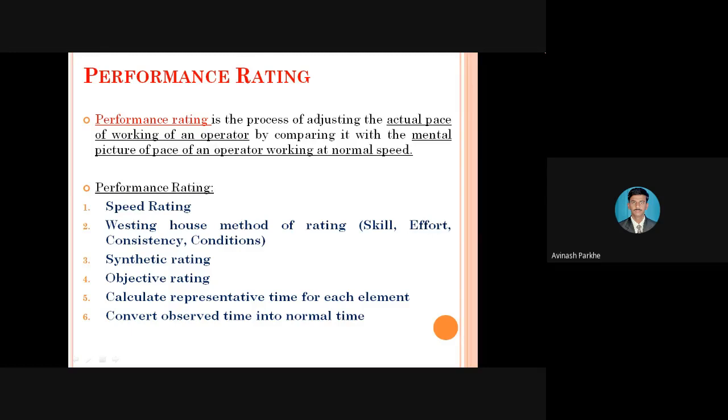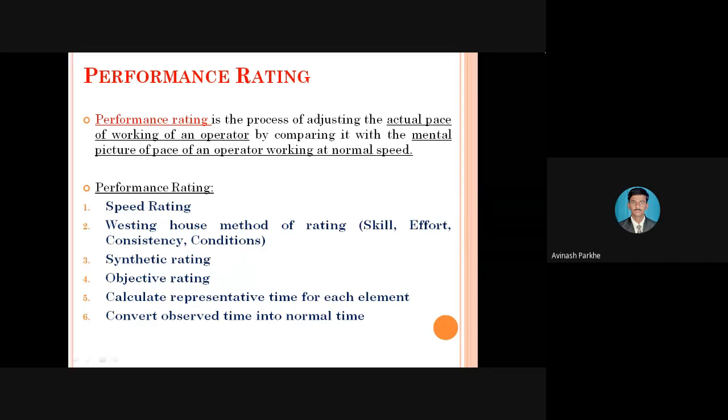And what is meant by observed time? Observed time is the time observed by another person. If you are working on a machine and one more person is provided to observe the time, the worker is working and the second person is only observing your work and calculating the time. Therefore, there is a basic difference between normal time and observed time. Normal time is related to the time required to perform the operations only.